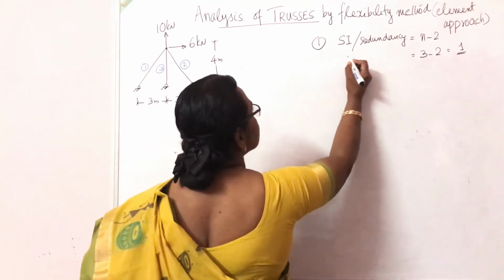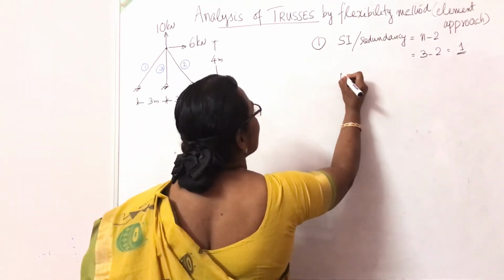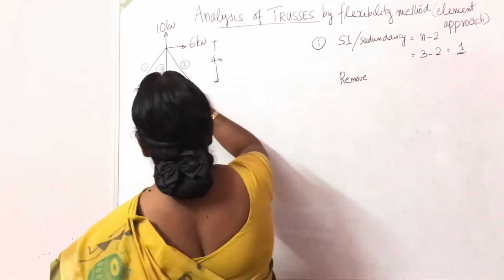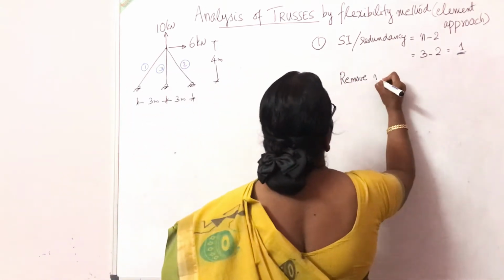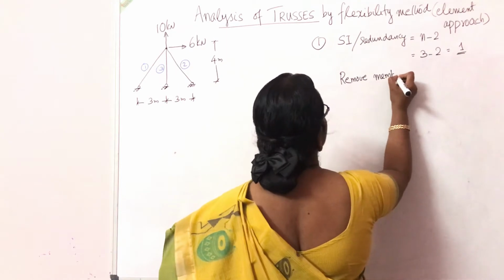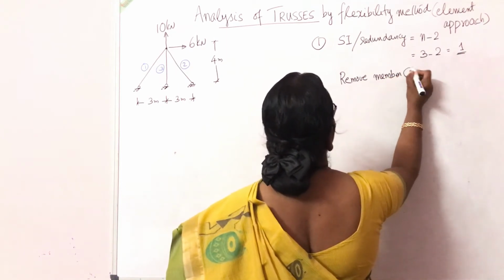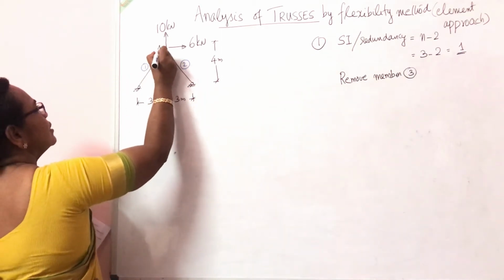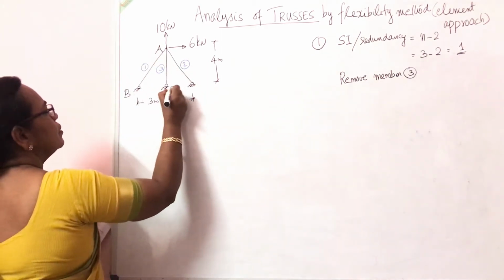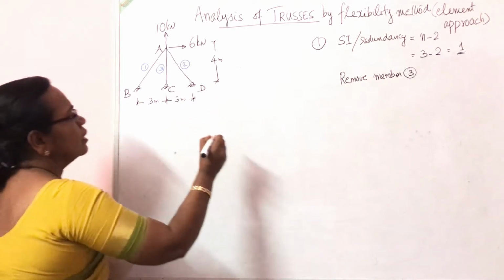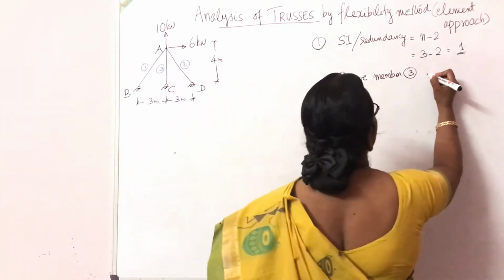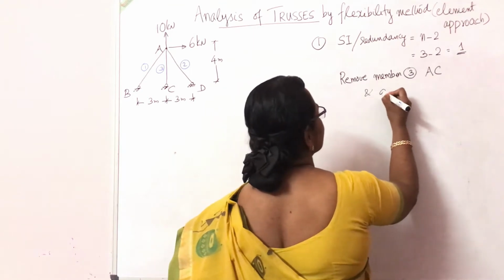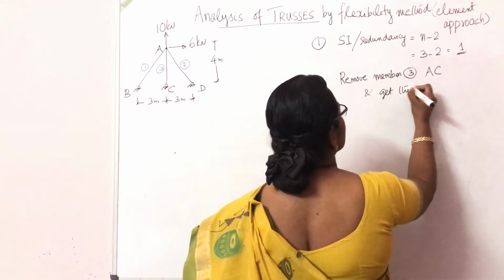So our first step is to identify the redundant, and I'm going to remove it. I have given number 3 for that. Remove member 3, or if I mark the joints as A, B, C, D, I remove member AC and get the primary structure.